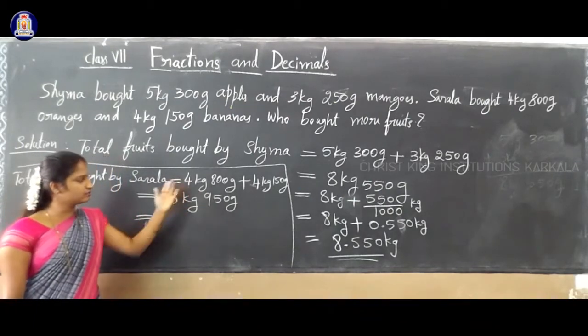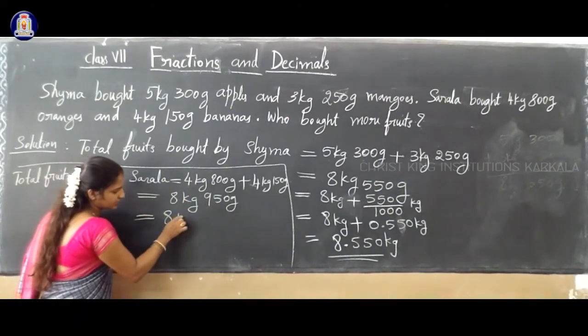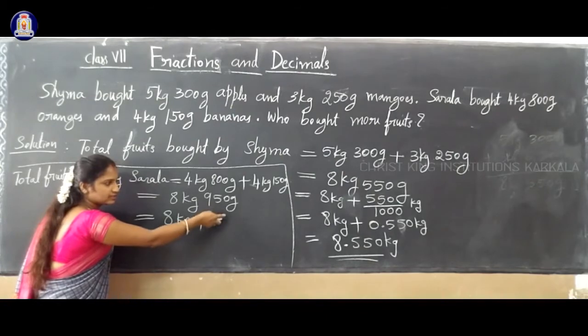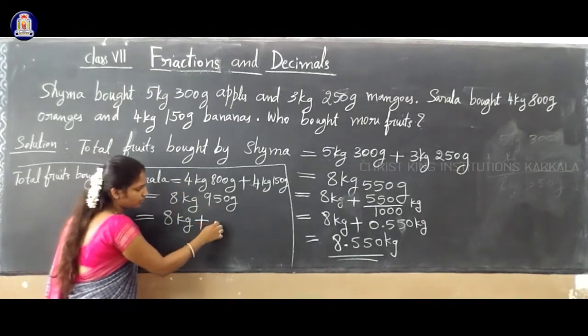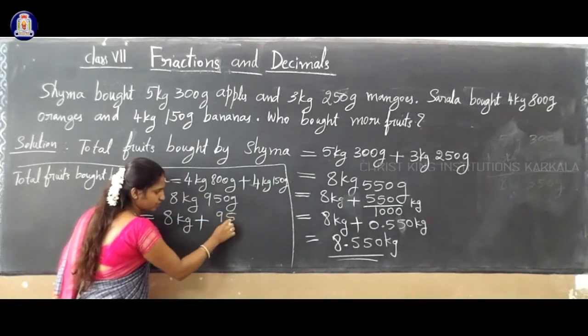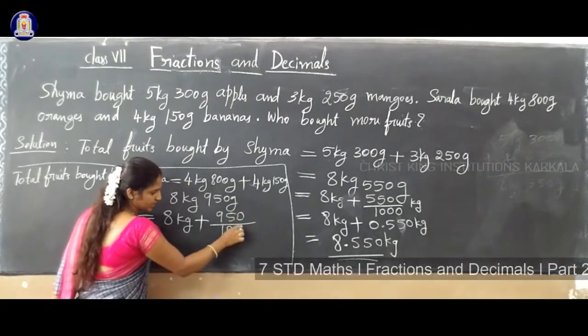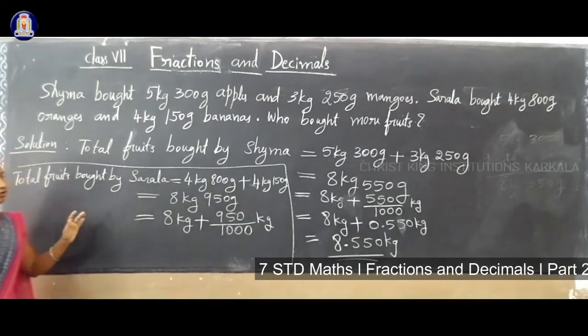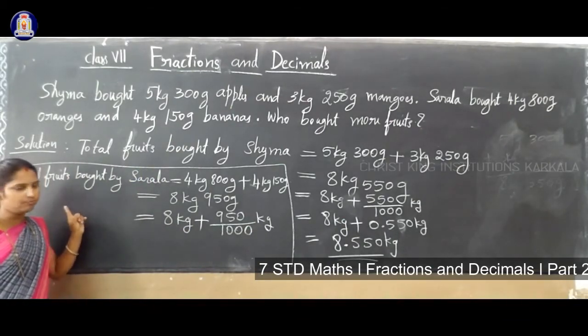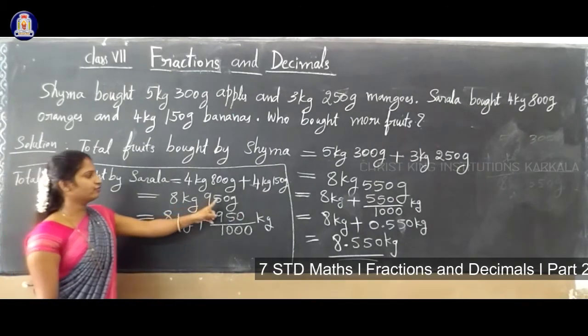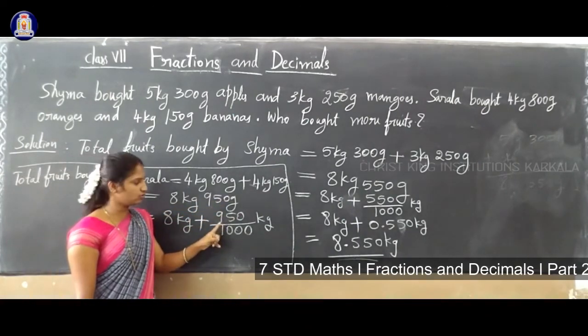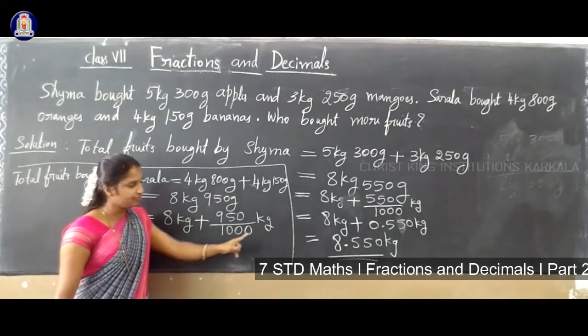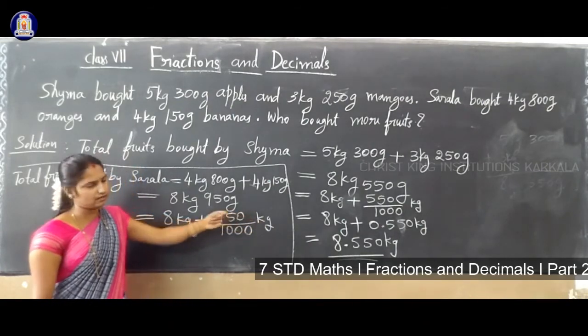Clear? 8 kg plus this gram you can write in terms of kg, means 950 by 1000 kg. Why? Because you know 1 kg is 1000 gram, right? So 950 gram means how much? 950 by 1000 kg. You can write like this. Clear?